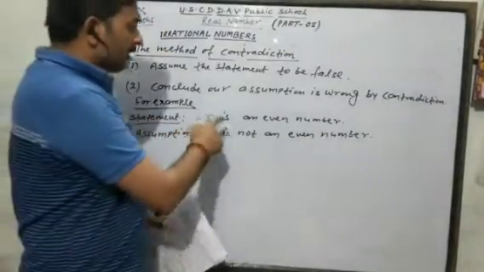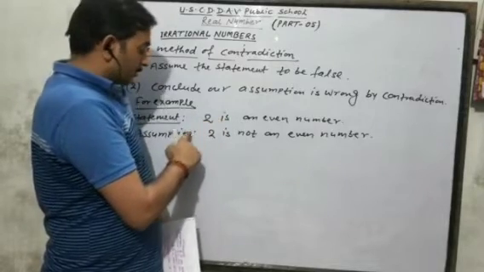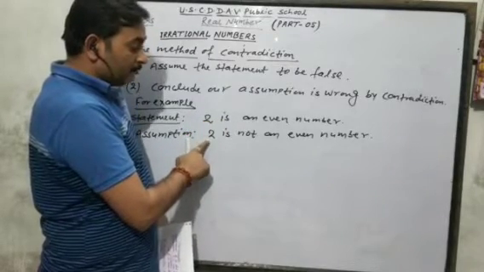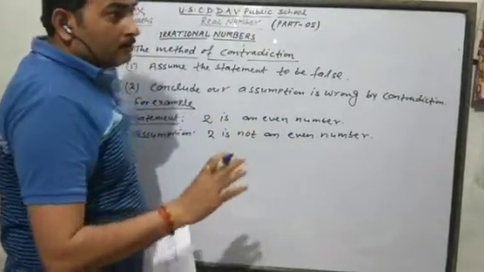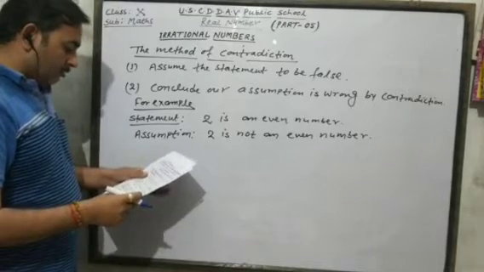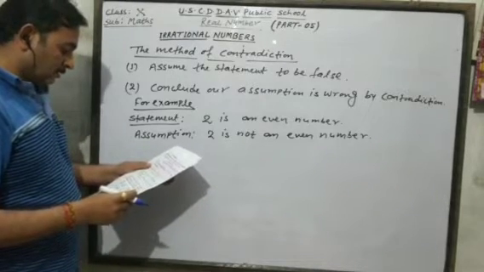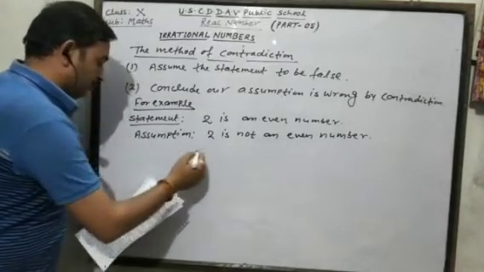The statement is false. So you have to suppose 2 is not an even number.